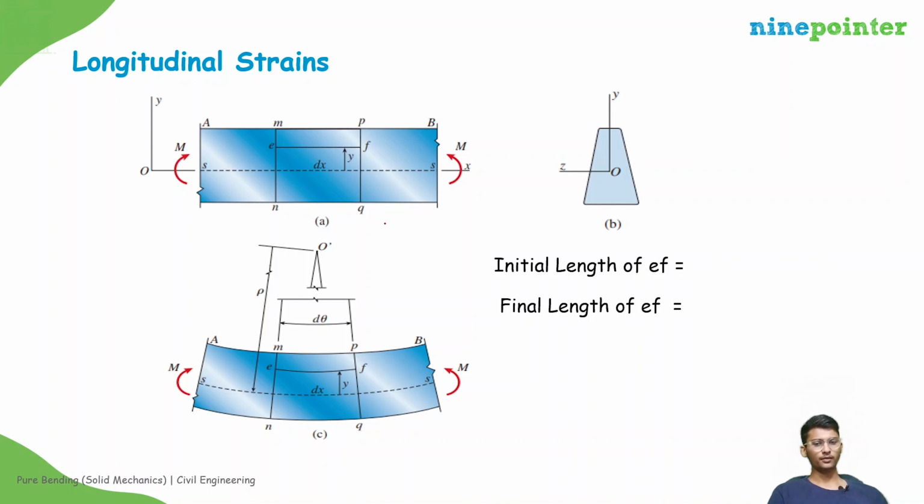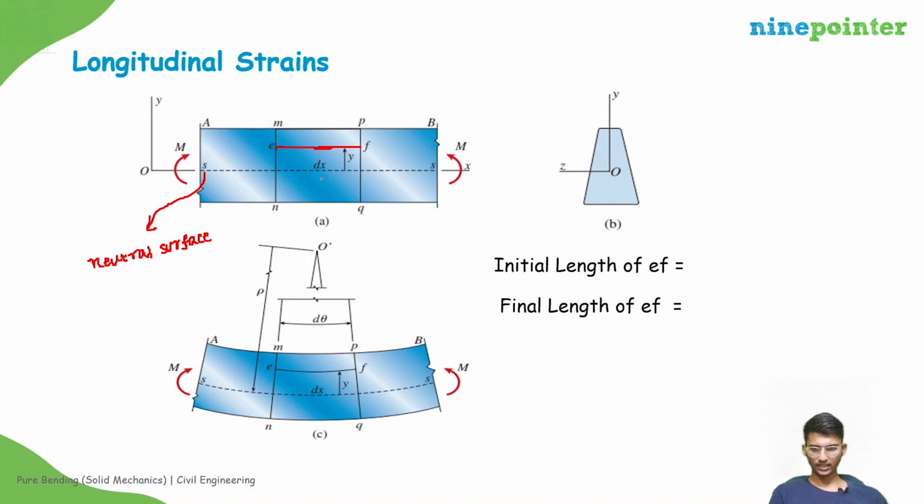So if you take the beam and consider a line EF of length dx, this S is the neutral surface. That means it will not deform, meaning the length before the application of bending is the same length after bending.